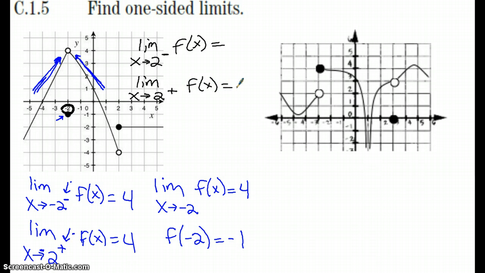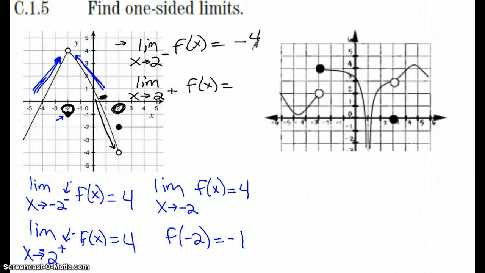Now we said we literally take the function line from the left. So here's 2, and here is the left side of 2. I'm going to follow this line towards wherever it's headed. It's headed towards negative 4. So the limit as x approaches 2 from the left is negative 4.